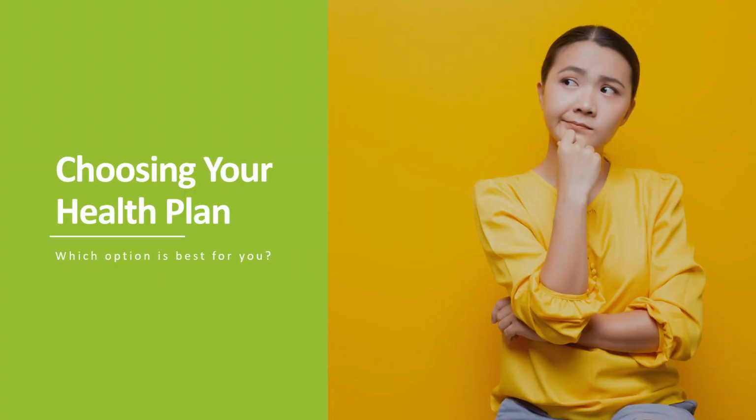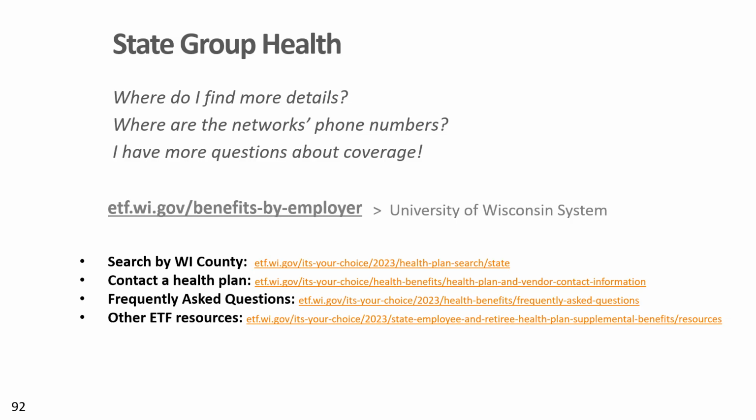There are several things to consider before you decide which health plan is best for you for the coming year. We want to use the resources on both the UW-Madison Benefits website as well as Employee Trust Fund's website to consider which of the health networks may be best for you, whether they're Wisconsin-based or you need that nationwide access plan network.